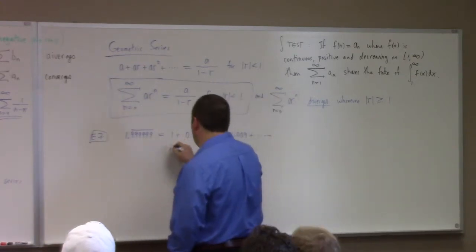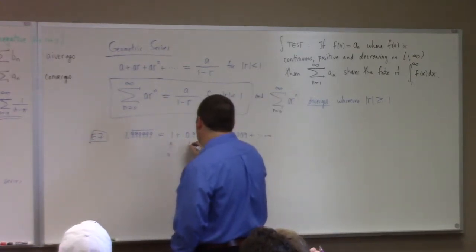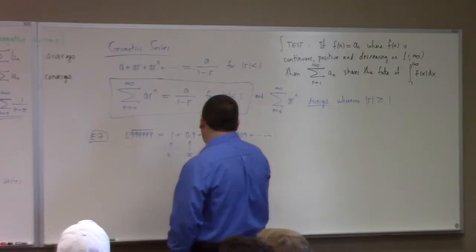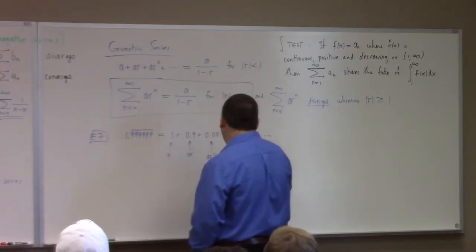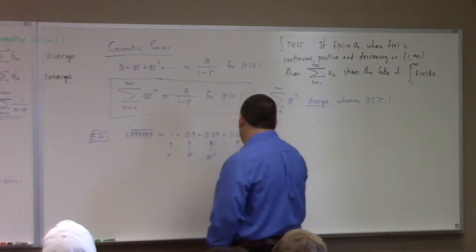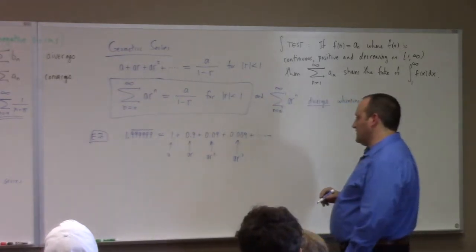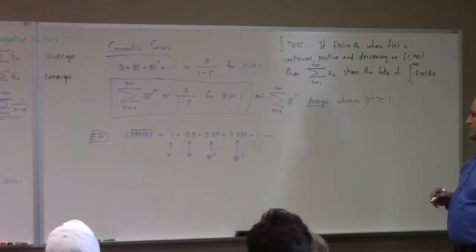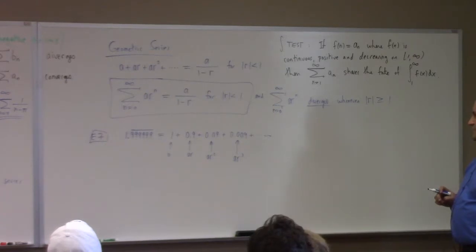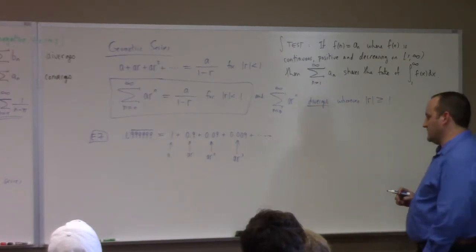So this is A, right? This is going to be AR, this is going to be AR squared, this is going to be AR cubed. I don't think that's actually true. No, I can't do that because that's just not true.